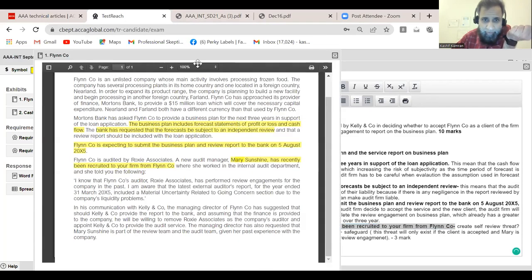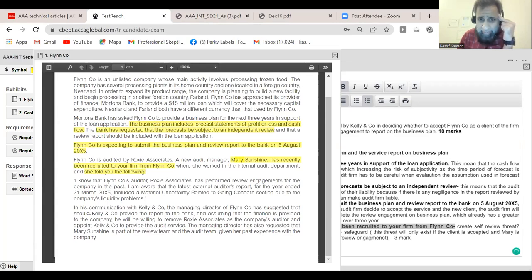Move back. Okay. And she told you the following. Now, when Mary has joined your firm, see what Mary is telling you. Mary is telling you something very critical. Mary is telling us about Flynn Company: "I know that Flynn Company's auditor, Roxy, has performed review engagements for the company in the past.